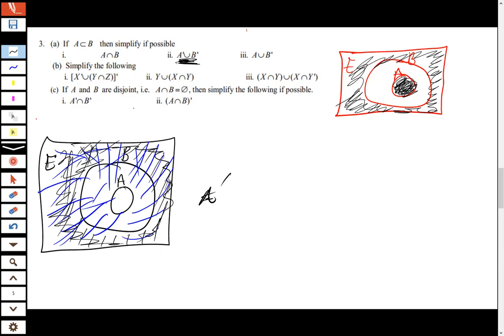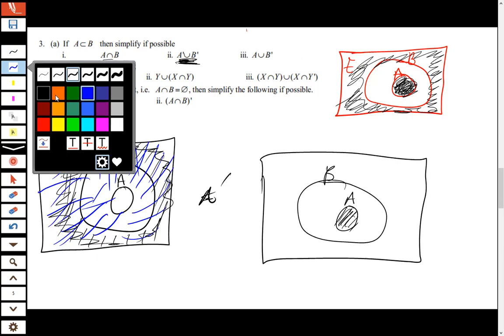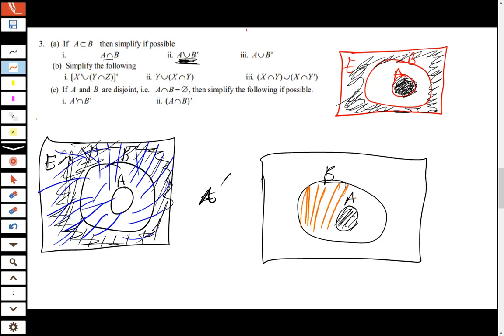If we talk about this other one, which is A intersection B, if we've been told to shade, this is our B, this is our A. So A intersection B, we can first shade A, we shade A there, then we also shade B. And then since we're finding intersection, intersection is simply just the common elements between the two.